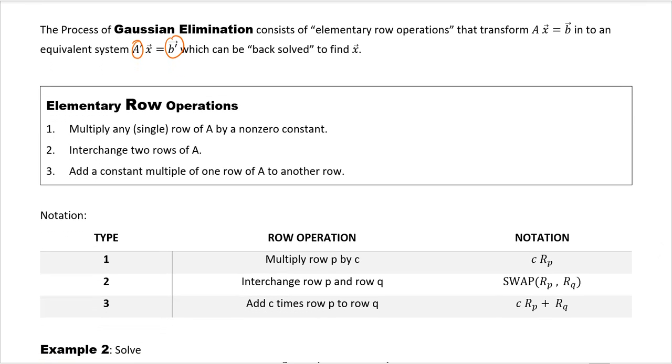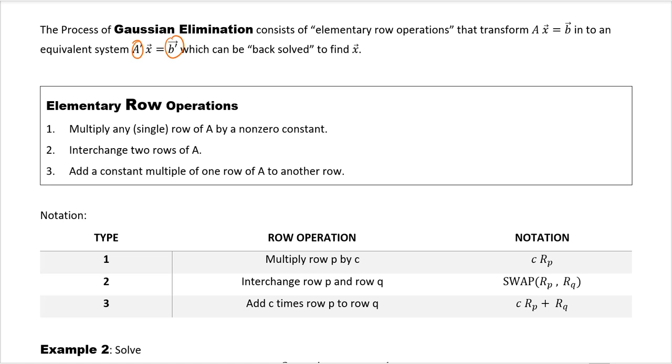I will explain what that means later. But first, what are elementary row operations? Remember last session when we solved systems of linear equations, we talked about 3 operations we can do so that the linear system still has the same solutions.